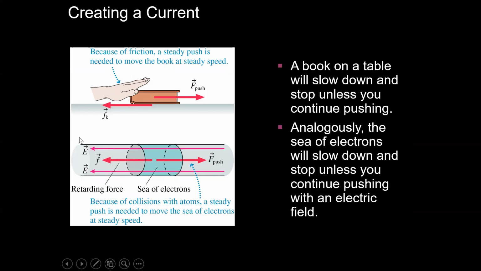But much like when you push a book or a box across a hallway, you'll push it at a constant speed, but you're applying a constant force, so there has to be a resistive force. And in electric current, there's an equivalent version of this resistive force. But it's the electric field that's pushing these charges along. The concept of electrical resistance identifies this resistive force that's equivalent to friction. And we'll talk about that later.